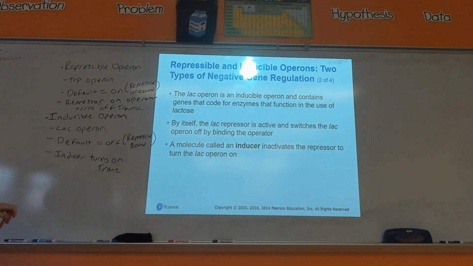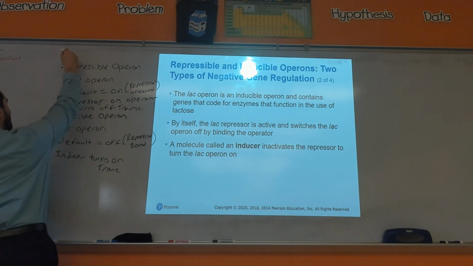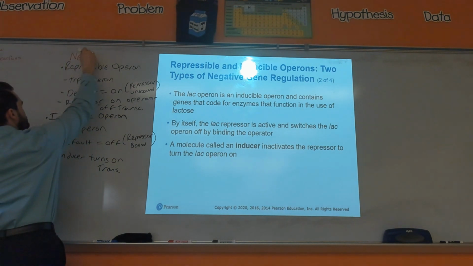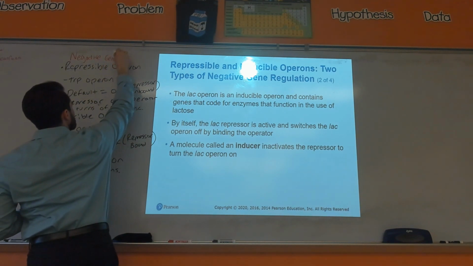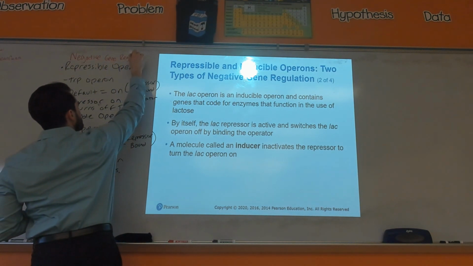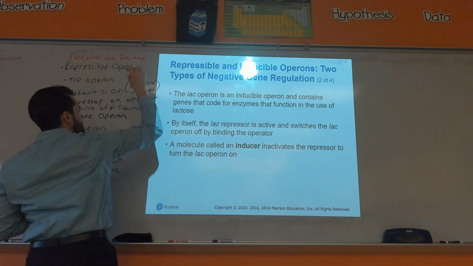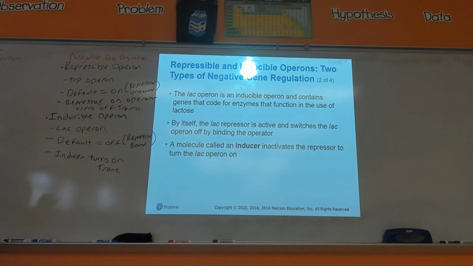Now, both of these examples here are part of what we call negative gene regulation. And I'll explain what positive gene regulation is. Anyways, just keep that in mind for right now.